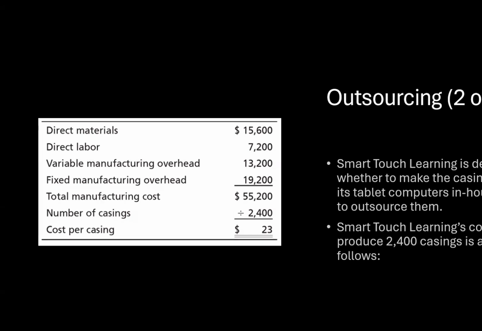Crump Casings offers to sell Smart Touch Learning the casing for only $21 each. So the question is, should Smart Touch Learning make the casings or buy them from this company? Again, Smart Touch Learning's $23 cost per unit to make the casing is $2 higher than the cost of buying it from Crump Casings.